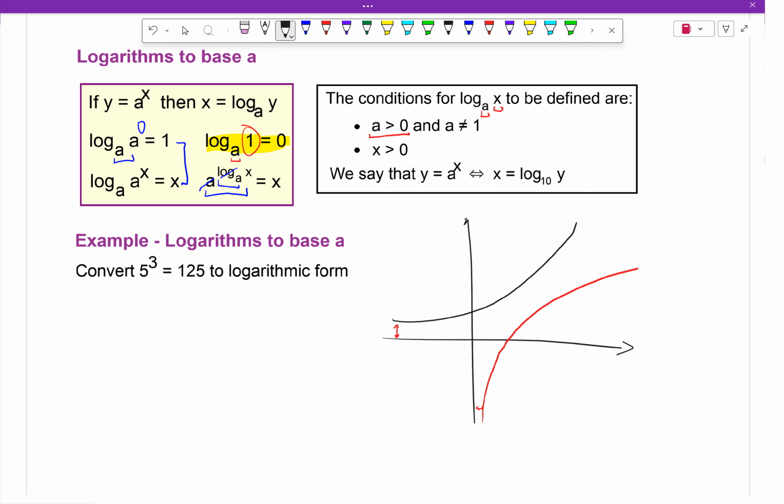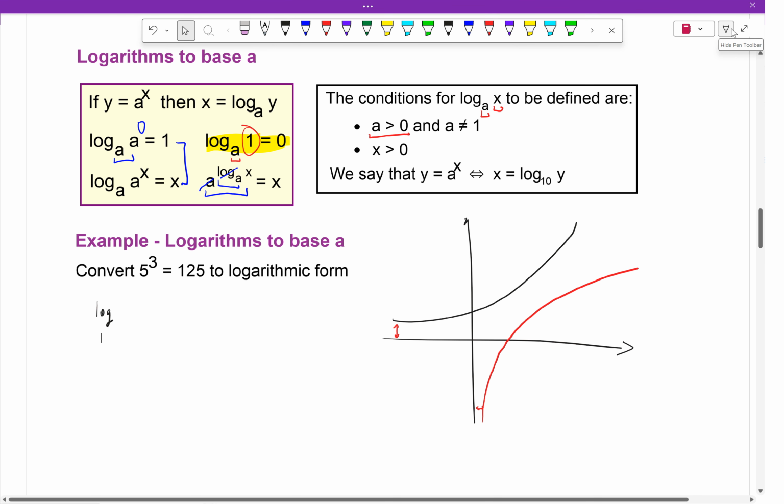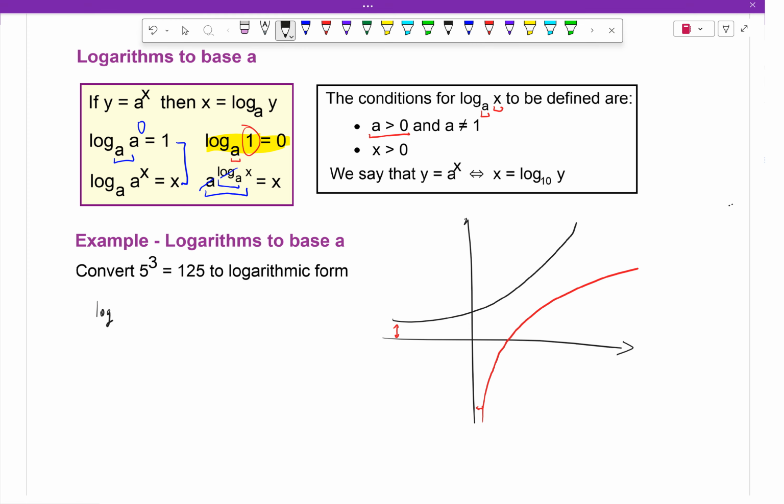So let's try. Convert 5 to the power of 3 equals 125 to logarithm form. So again, let's do conversion. Log to the power of 5. Oops, sorry. Let's do log 5 and then 5 to the power of 3, which is the same as 3.